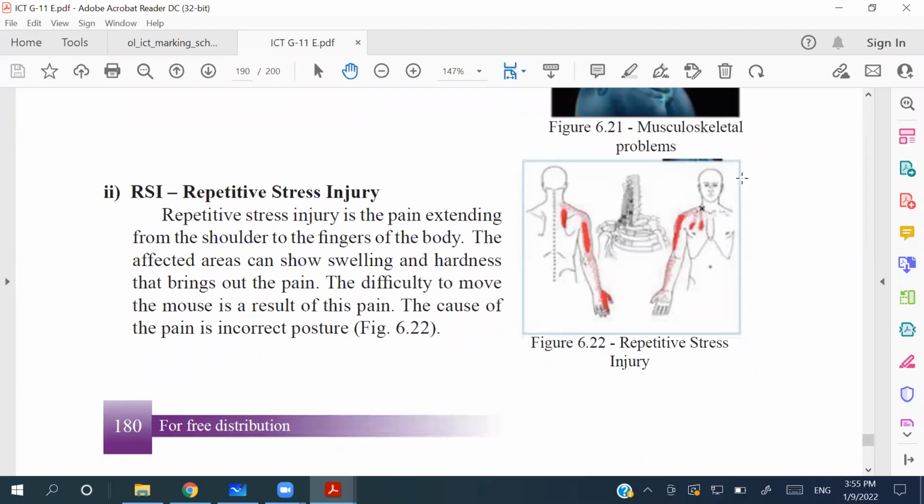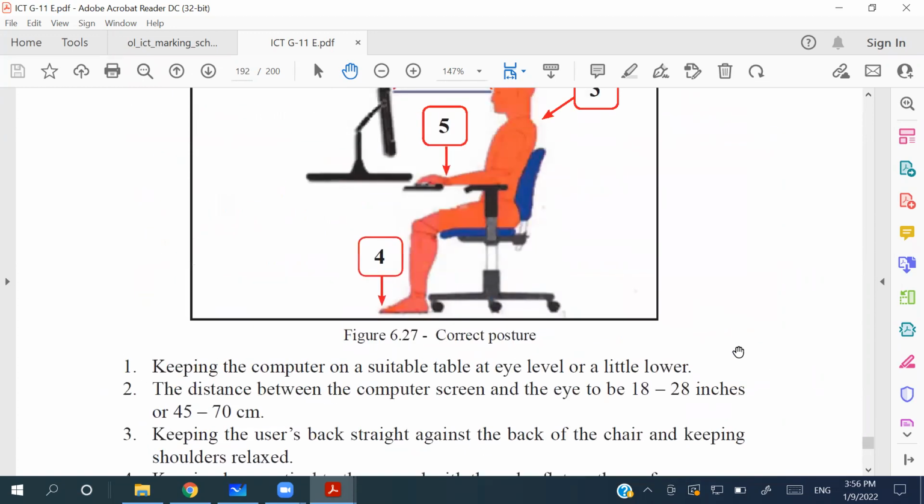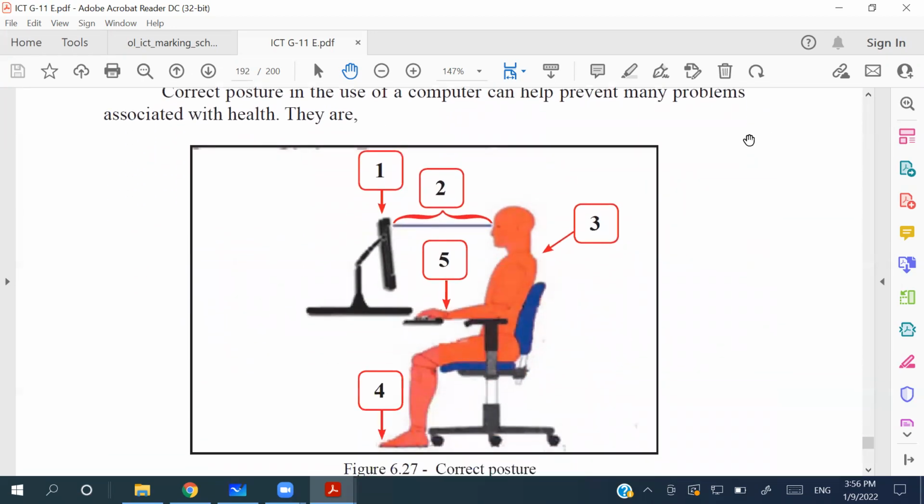It's talking about repetitive stress injury as the pain extending from the shoulder to fingers of the body. The affected area can show swelling, hardness that brings out the pain. The difficulty to move the mouse is a result of this pain. The cause of the pain is incorrect posture. Maybe because later they are introducing us to the correct posture.